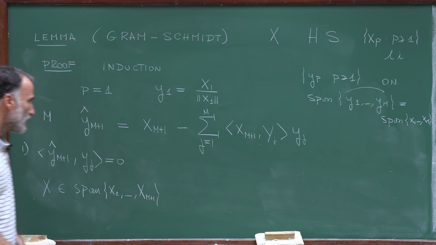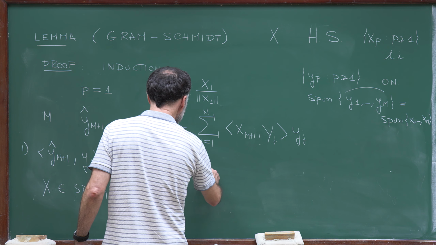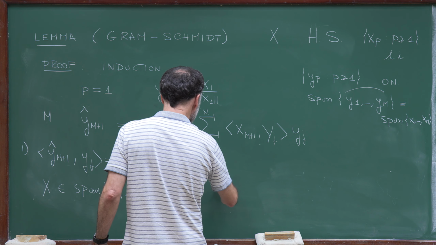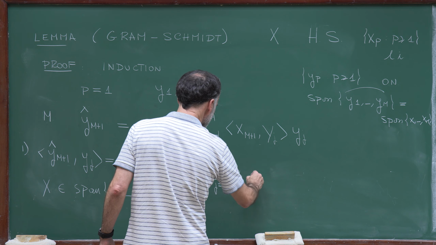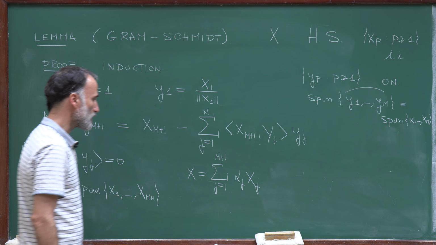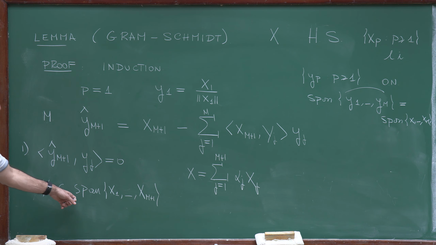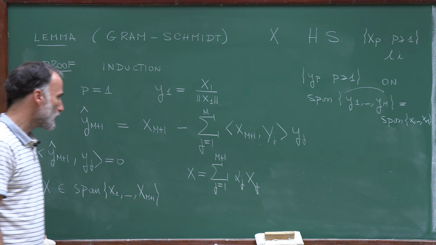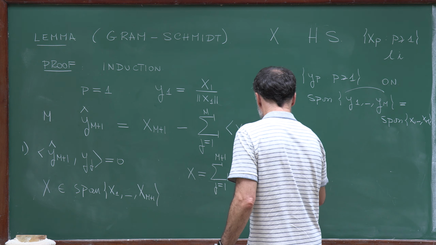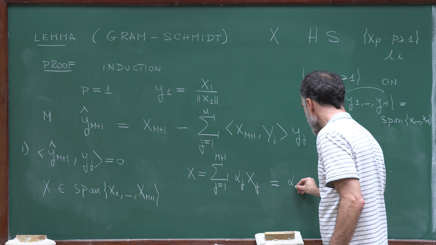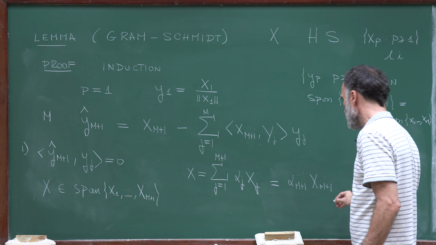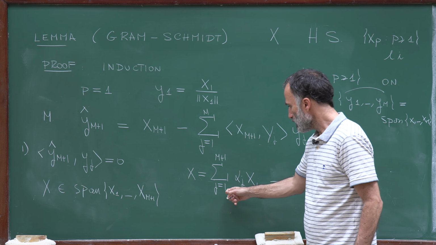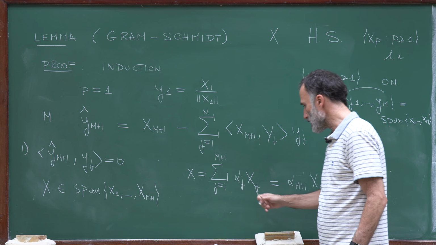This means that x can be written as the sum from j equals 1 up to m plus 1 of alpha_j x_j. The alpha_j are scalars, and to say that x is in the linear span means that x can be written as a linear combination of these x_j. Now, in this sum, I have one term which is alpha_{m+1} x_{m+1}, and then I have a sum from 1 to m of alpha_j x_j.